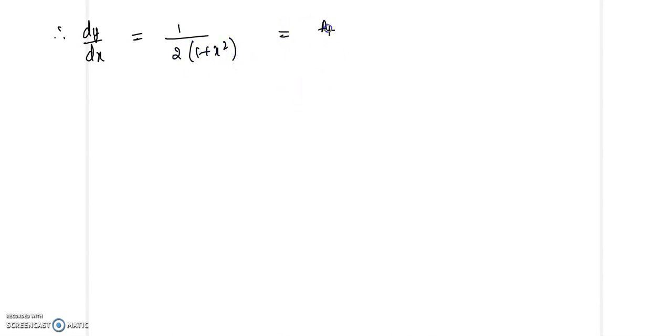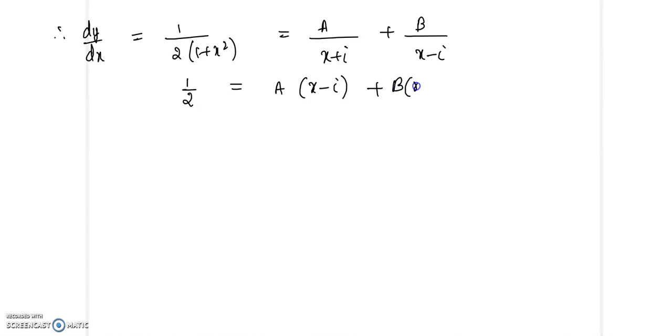So this will be of the form a by (x plus i) plus b by (x minus i). So let us equate the coefficients on both sides. So here you will have 1 by 2 equal to a into (x minus i) plus b into (x plus i). So when you put x equal to i, that gives 1 by 2 equal to 2ib.